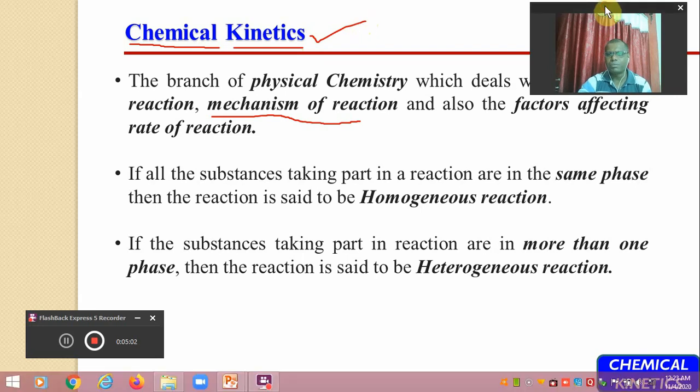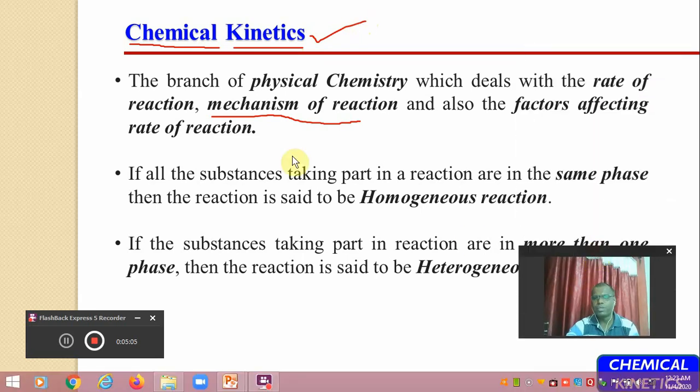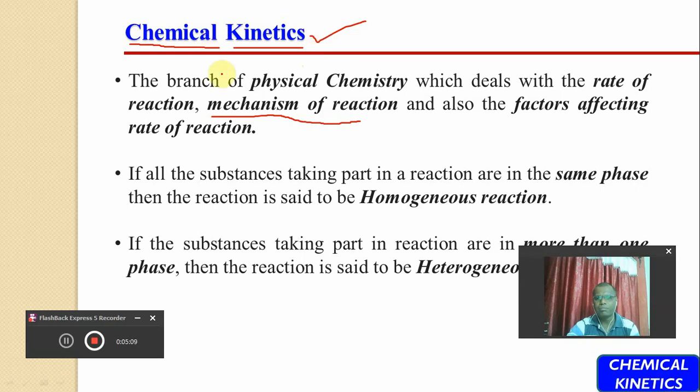Whenever you want to explain the definition of chemical kinetics, it is very easy. It is simply defined as the branch of physical chemistry which deals with the study of the rate of reaction, the mechanism or pathway of reaction, and the various factors which affect the rate of reaction.